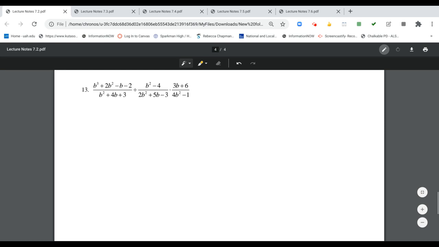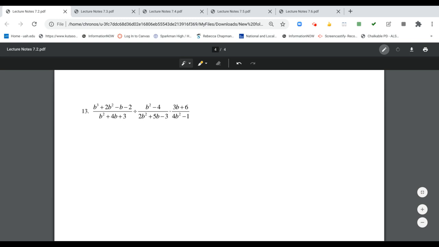All right, so number 13, if you notice, has a lot of stuff in it. So I have to rewrite this as a multiplication scenario. So I have b to the third plus 2b squared minus b minus 2 over b squared plus 4b plus 3.